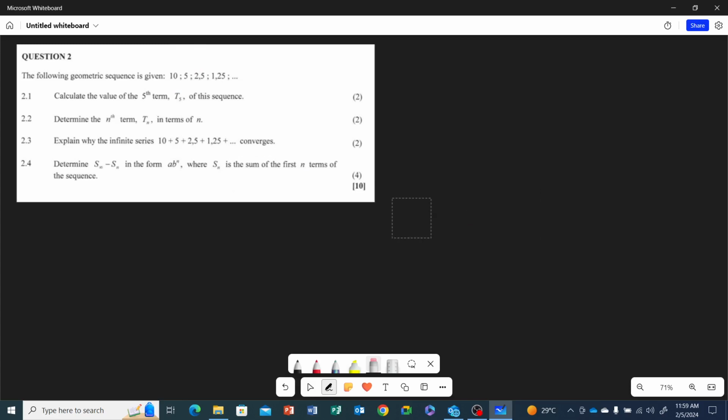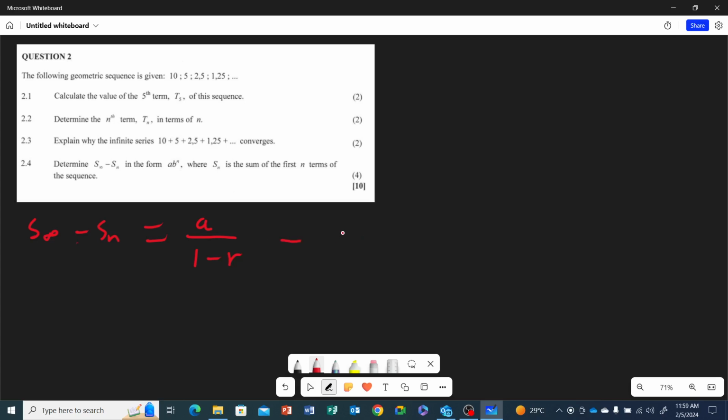All right, back to the book. So the question says determine S to infinity minus the sum of the first n terms. Okay, now what is the sum to infinity? Sum to infinity is a divided by 1 minus r.